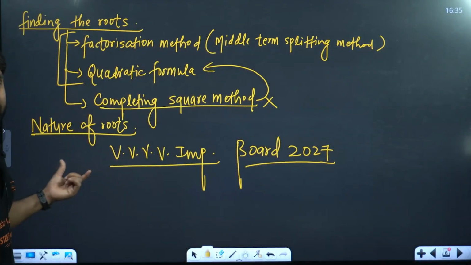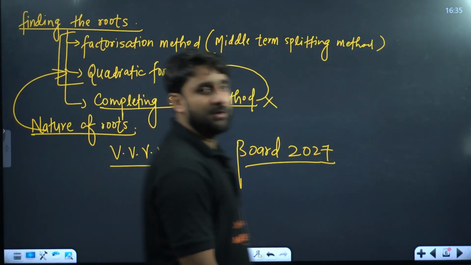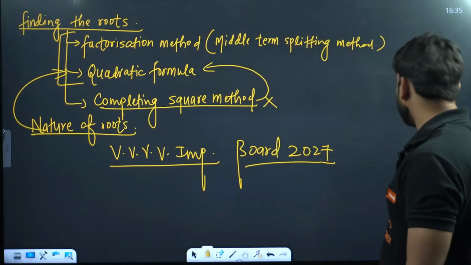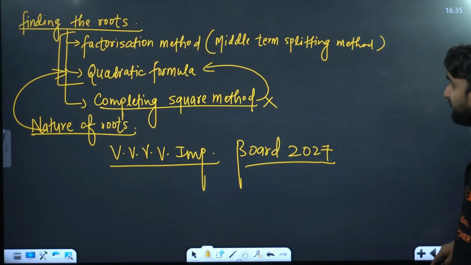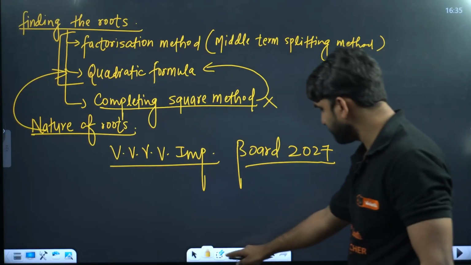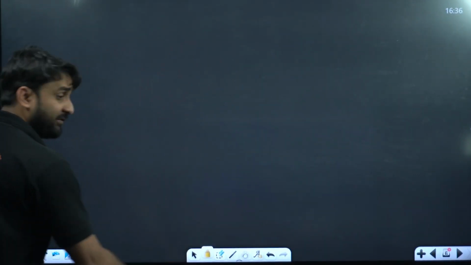After teaching this topic, I'll come to the quadratic formula. So let's talk nature of roots on the first page. Let me erase this. Please focus on nature of roots.